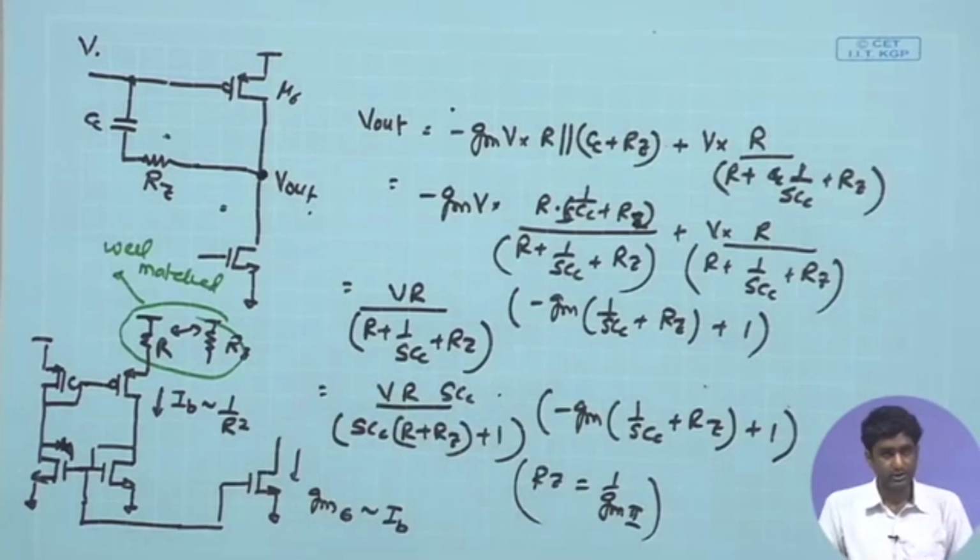So, this is another scheme that can be employed for the overall elimination of the zero in the circuit. Any question before we proceed further on the two schemes that we discussed for zero elimination?